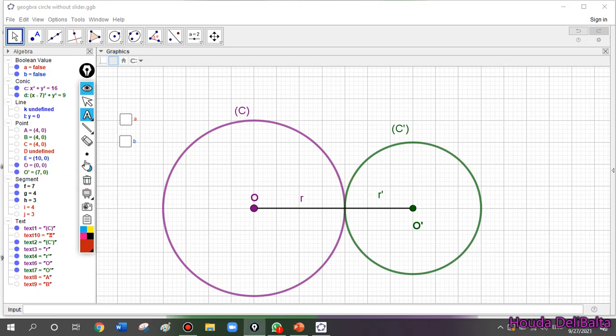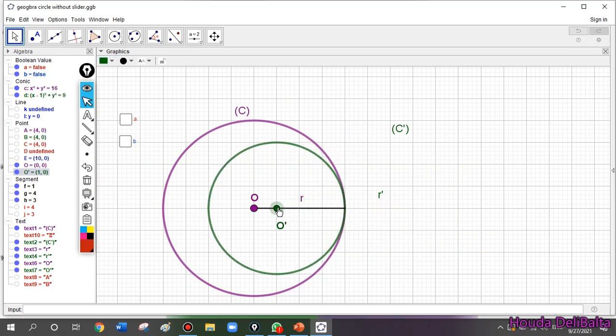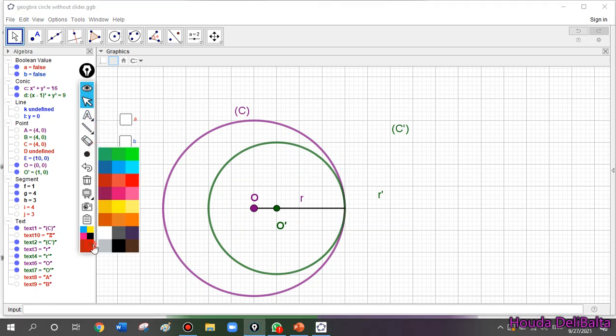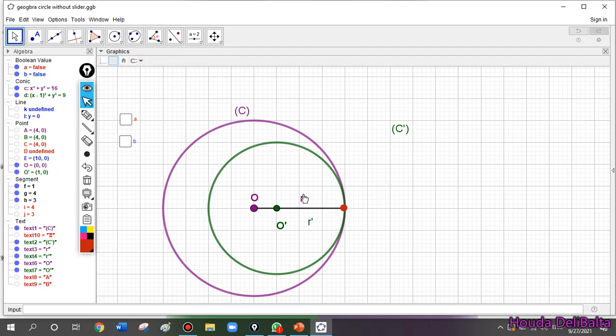Now, what happens if the circle keeps moving until it contacts the other circle at a single point, but internally? Here is another point of contact, a single point also, and it's called the point of tangency as well. Here is R prime, the larger one is R, and here is the green circle, C prime.